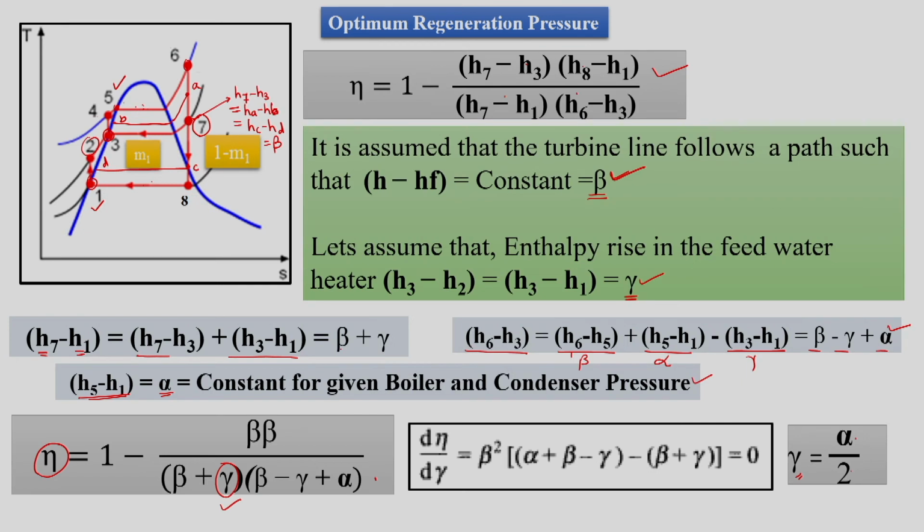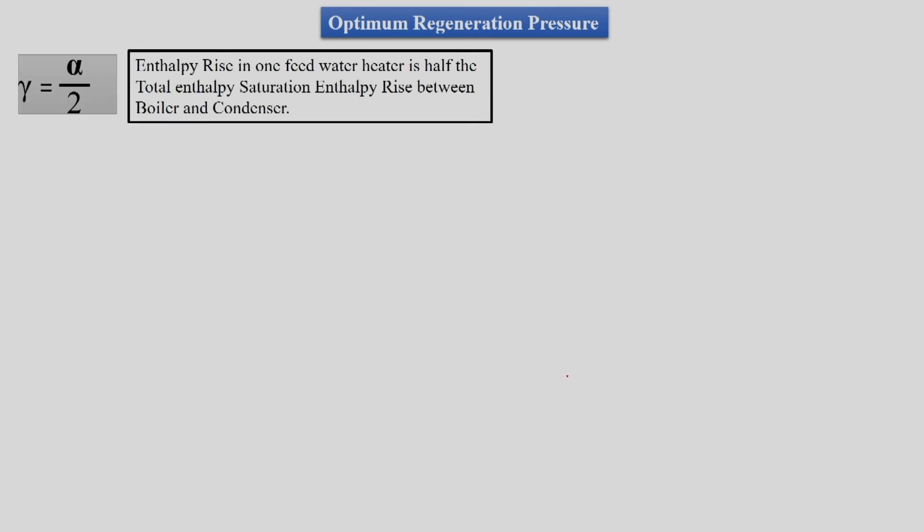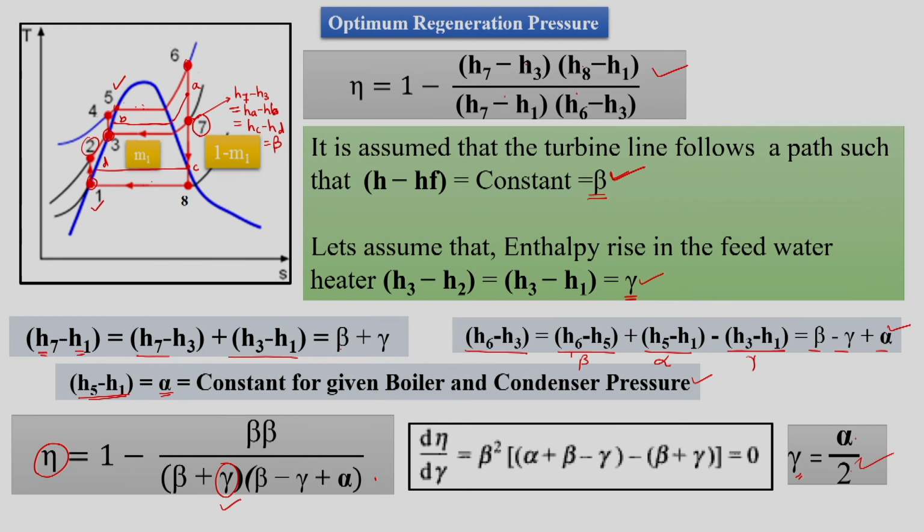In our derivation we have considered only one feed water heater, and this expression is for only one feed water heater. So, for one feed water heater, it has to be put at an intermediate level between these two saturation conditions.